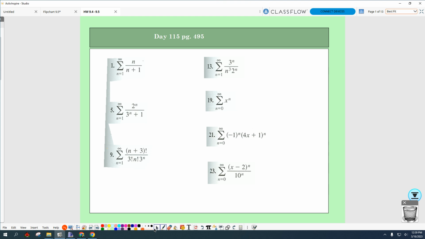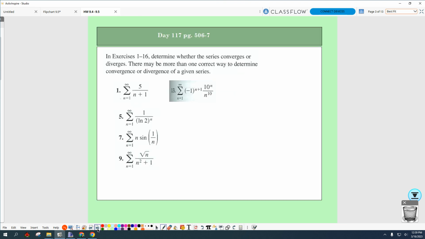Okay. This was 9.4, so 9.5. This is different than last night's homework? So how would you start number 1? Ratio test?